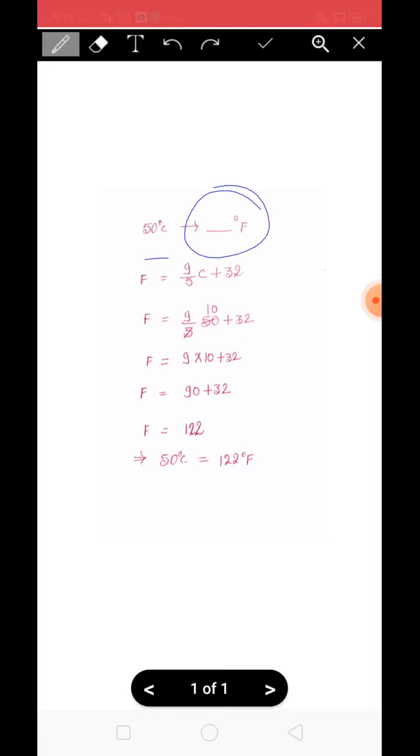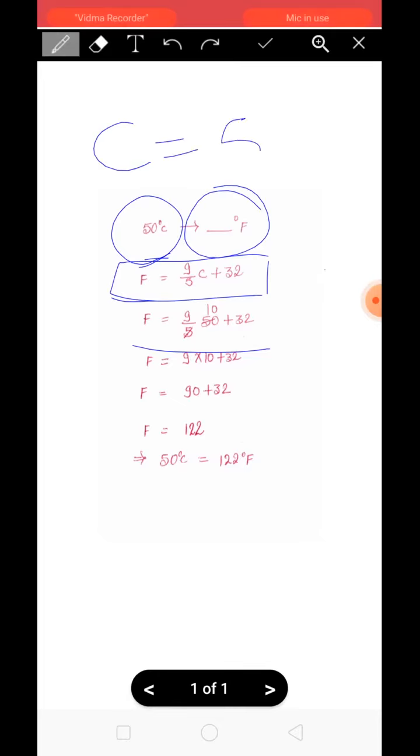So you will simply put this 50 into the formula which we have already derived. After putting this 50 in place of C, F is equal to 9 by 5 into 50 plus 32. We have put the value of C. The value of C is 50.